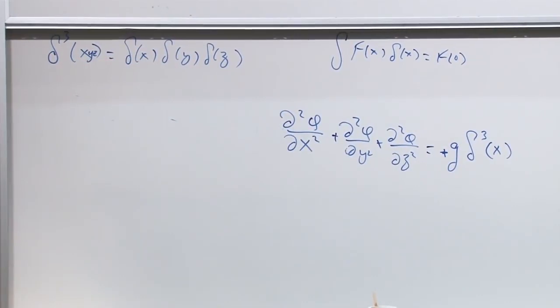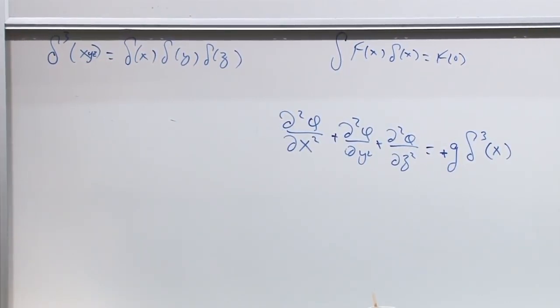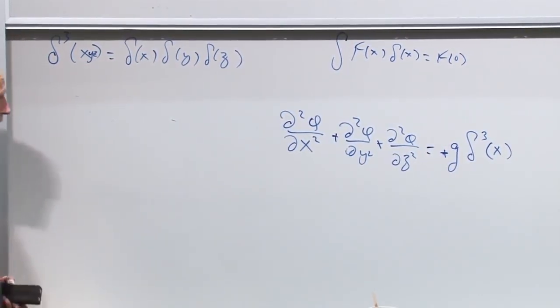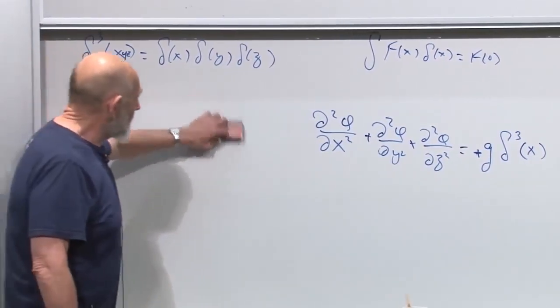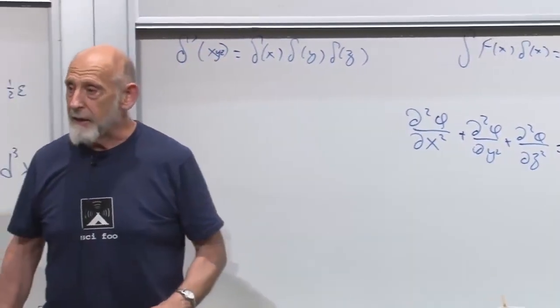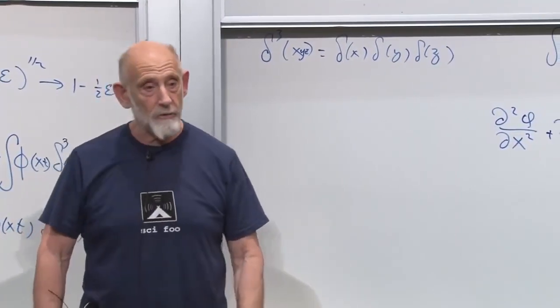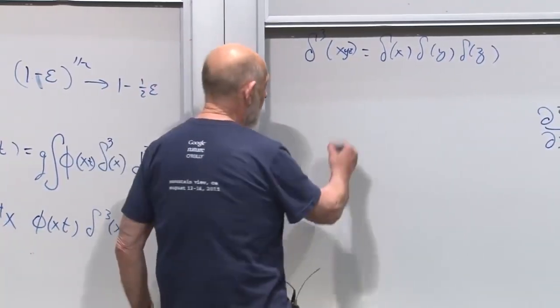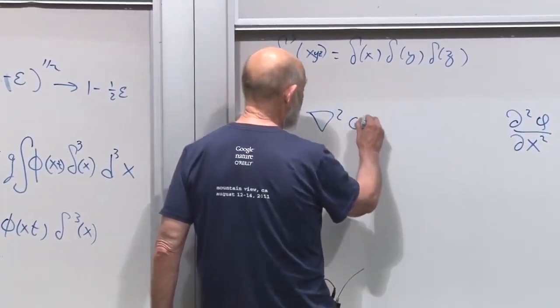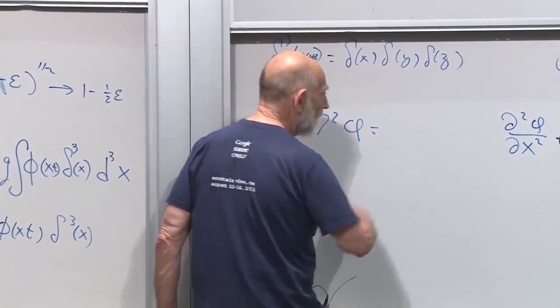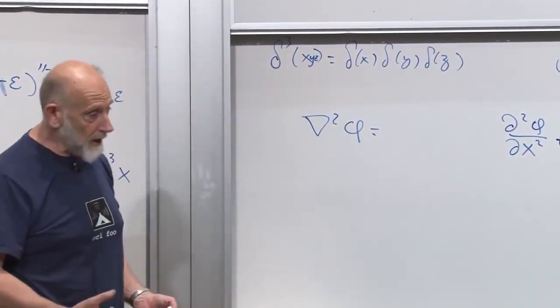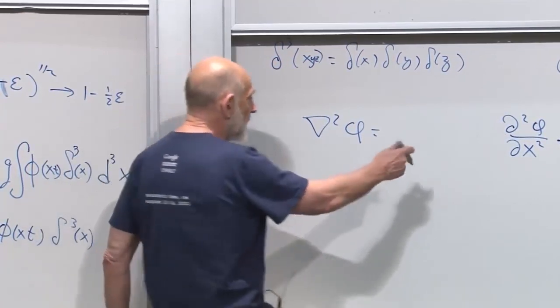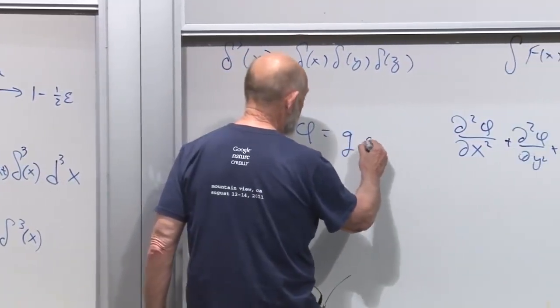I don't know if you recognize this equation, Poisson's equation. This is the Poisson equation, for example, for the electrostatic potential energy, the electrostatic potential. It would sometimes be written as del squared phi is equal to a source on the right-hand side, a charge density, and in this case, the charge density is just a delta function.